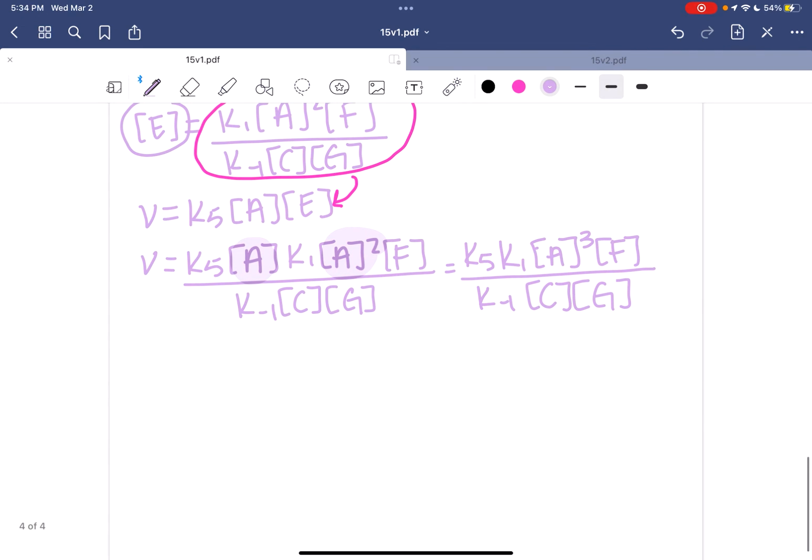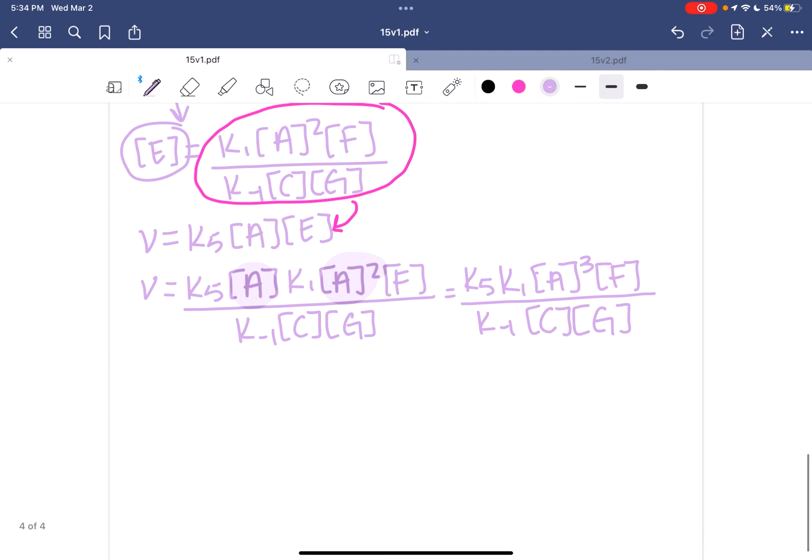So now we've gotten rid of E. We don't have to worry about E as an intermediate in our rate law, but we do now have to worry about F, G, and C, because F and G here are also intermediates, just like E was, and C is a product of our reaction. So neither of those should be in our rate laws, but we want to just do this step by step.